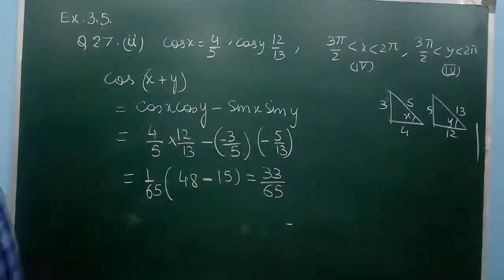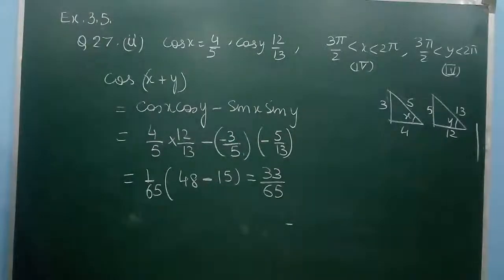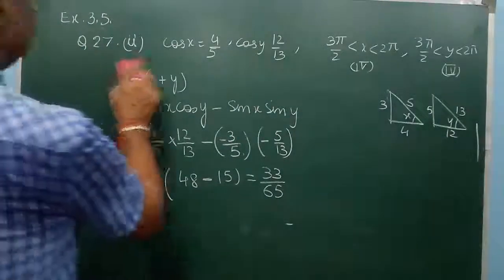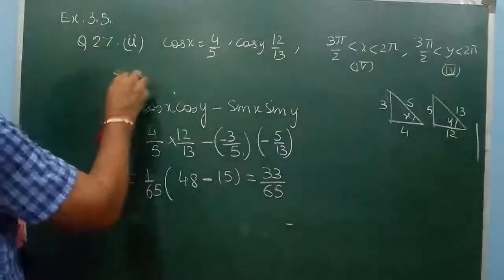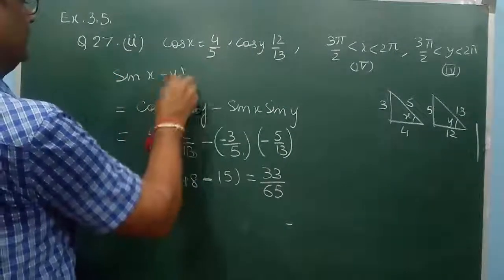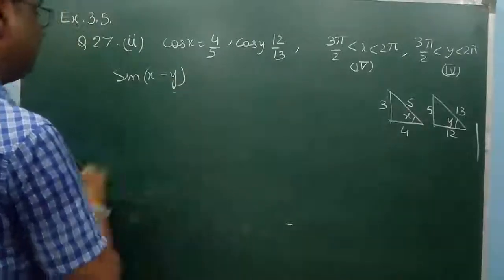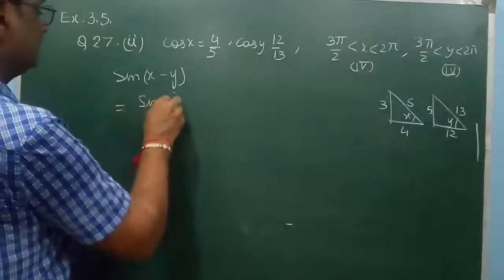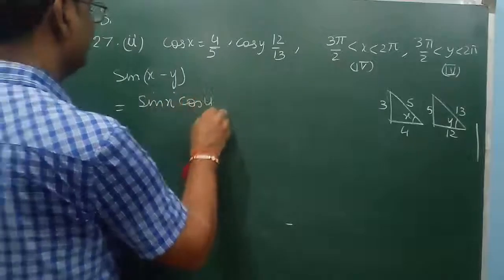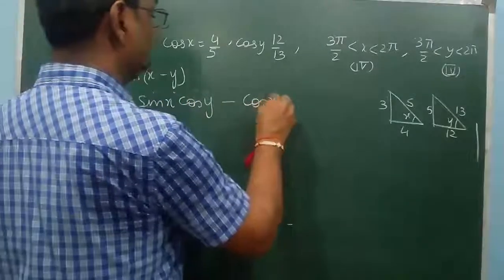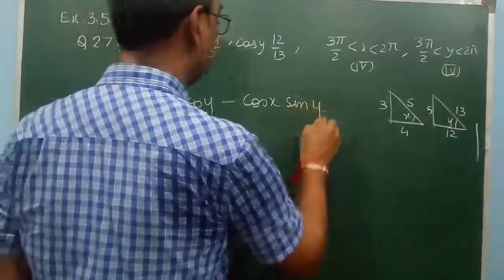The second one we have to find is sin(x minus y). Now the formula will be again, what will it be? Sin x cos y minus cos x sin y.